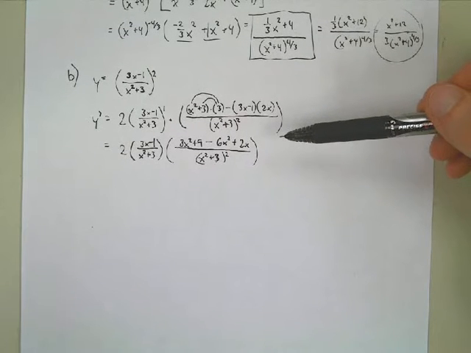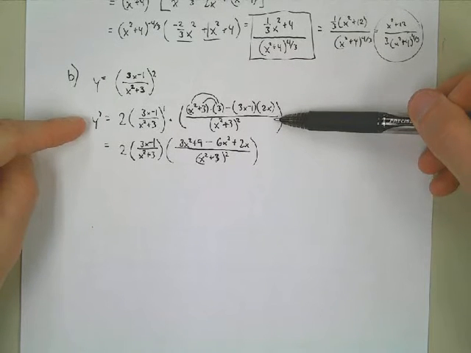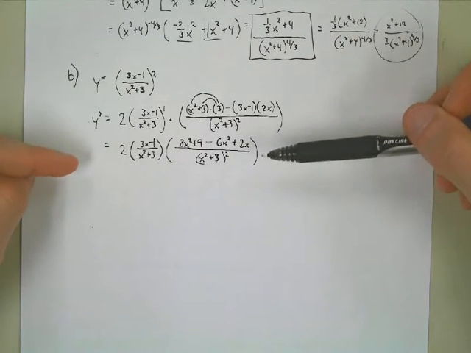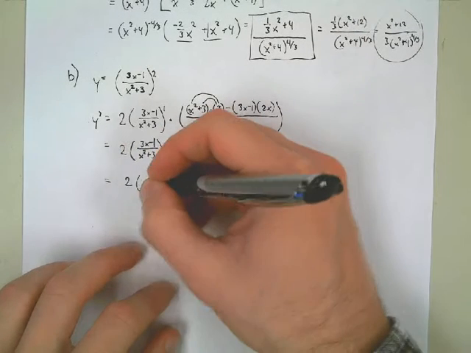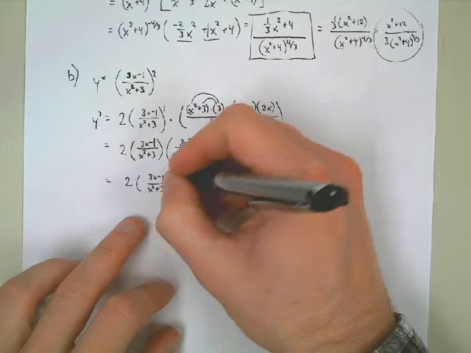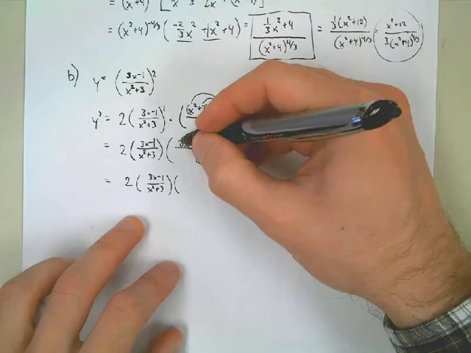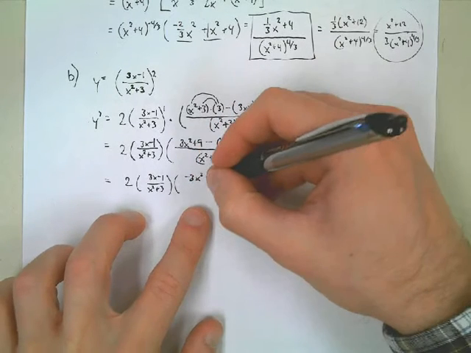And I can almost guarantee that this will not be a multiple choice answer. It'll be simplified. For example, we can still combine like terms in this numerator up here, can we not? So we get 3x squared minus 6x squared gives us negative 3x squared. I'm going to put plus 2x plus 9.